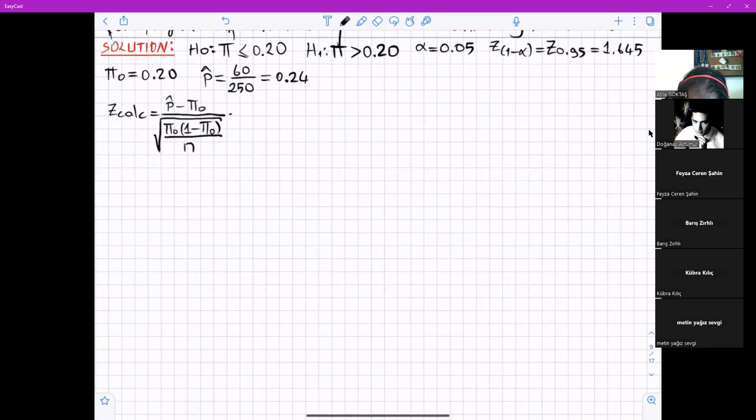So let's substitute whatever we need here. The pi hat is 0.24 minus pi null, which is 0.20, and we have 0.20 times 1 minus 0.20, divided by 250.